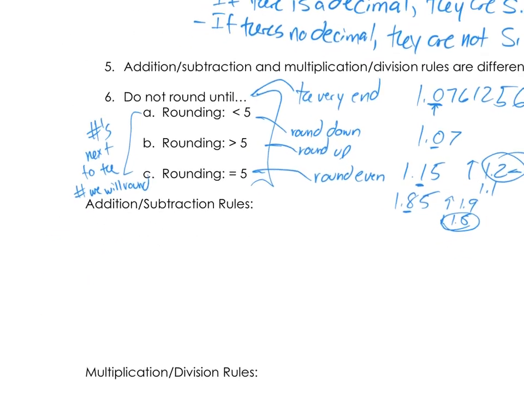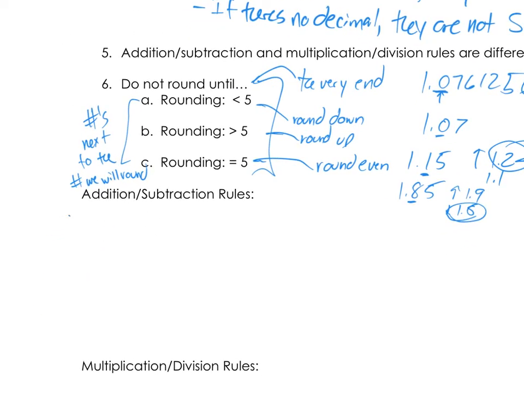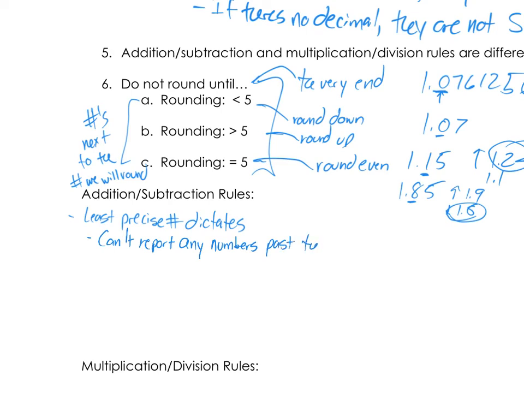When it comes to addition and subtraction rules for sig figs, it's all about the least precise number. So you can't report any numbers past the least precise measurement.